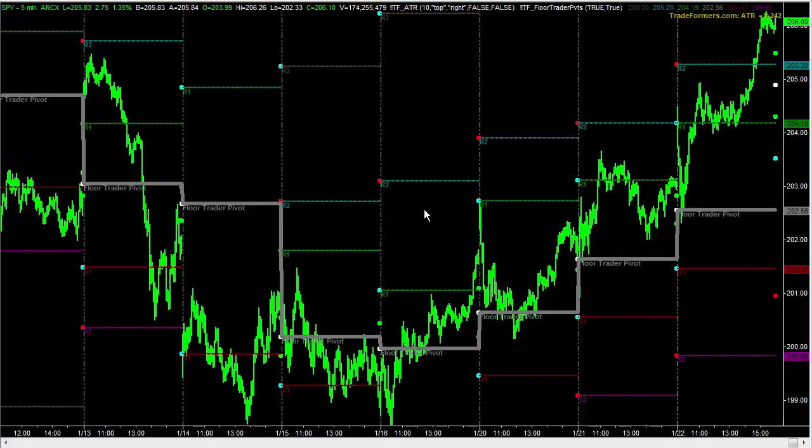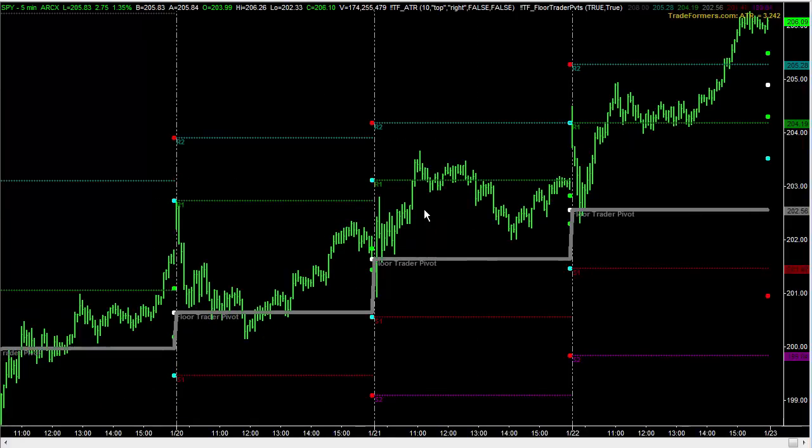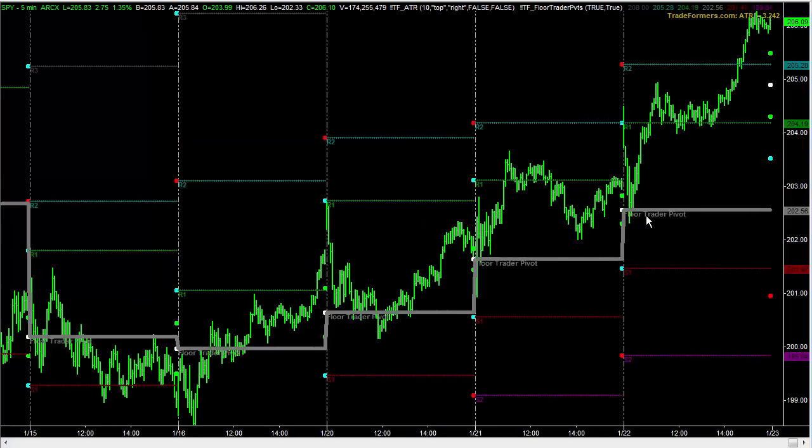So I have this indicator that we've created that labels the floor trader pivots nicely. So you can see floor trader pivot, again, high-low close divided by 3. That's on a daily basis. And so you can see that number is displayed by the gray line, happens to have a label, but that's just so that I can make it easy for demonstration purposes.